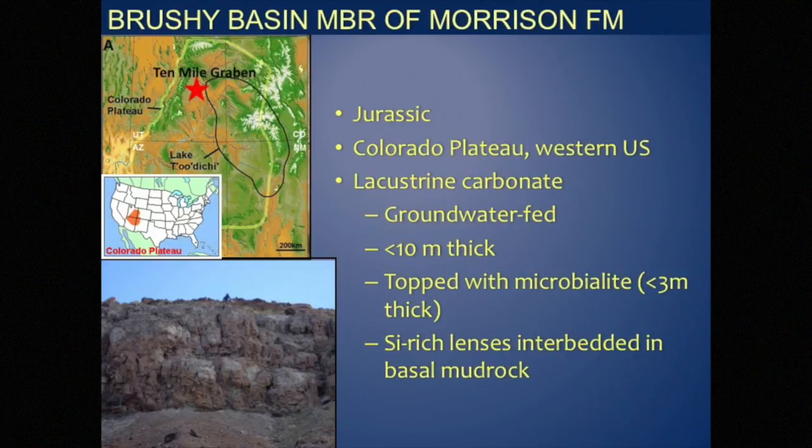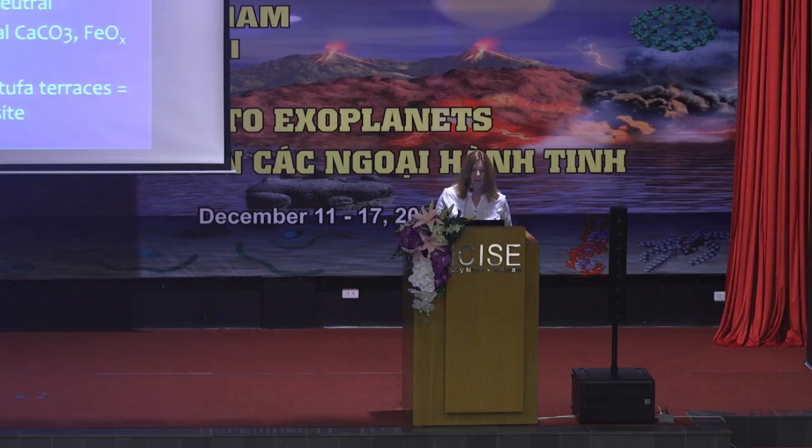It's a likely hot spring-fed lacustrine carbonate, similar to Mono Lake in California. This is topped with a microbialite about 3 meters thick, and underneath is a mud rock with silica-rich lenses interbedded in it.